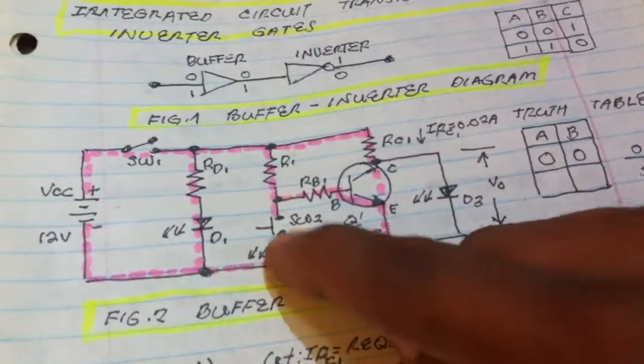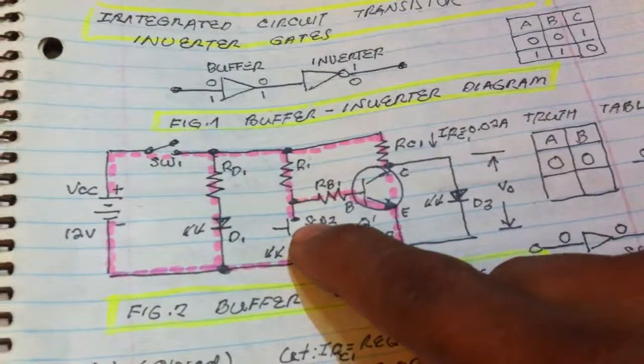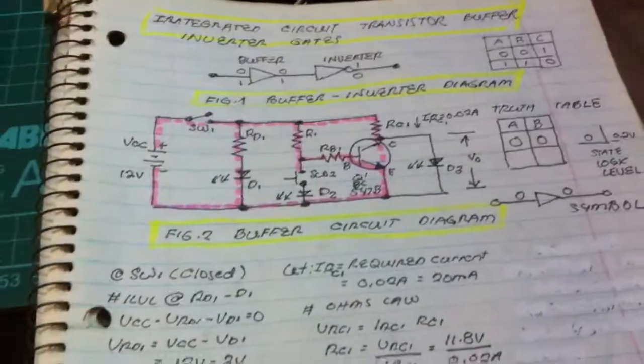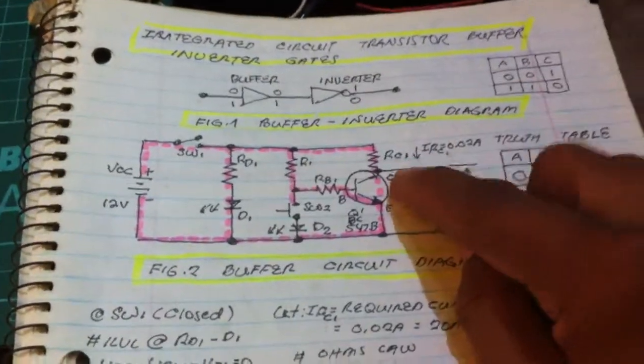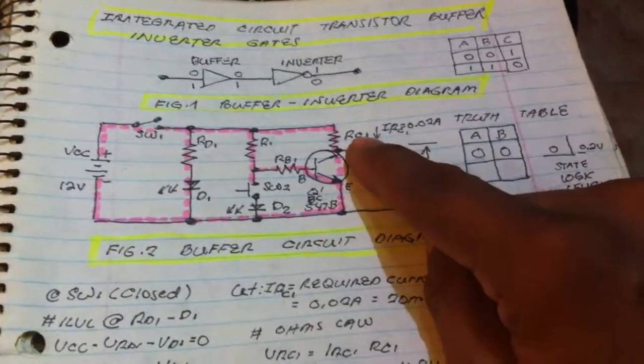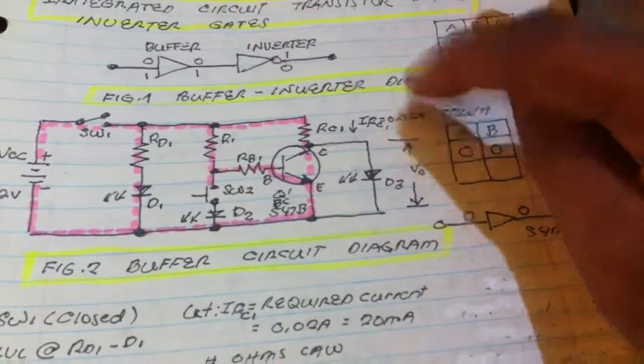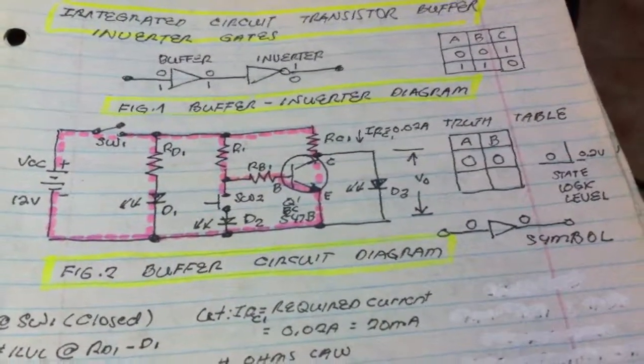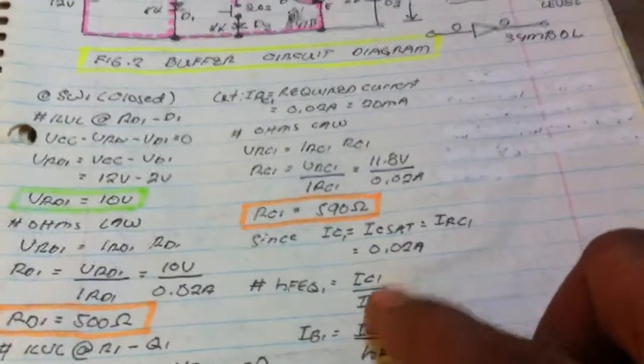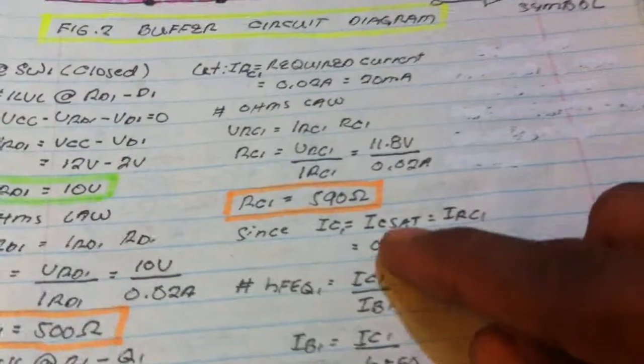So there's no current flows here because the switch is open. The value of the RC1 can be computed using Ohm's law. Since we know the voltage drop and the required current for our design, 0.02, we get now 500 ohms.